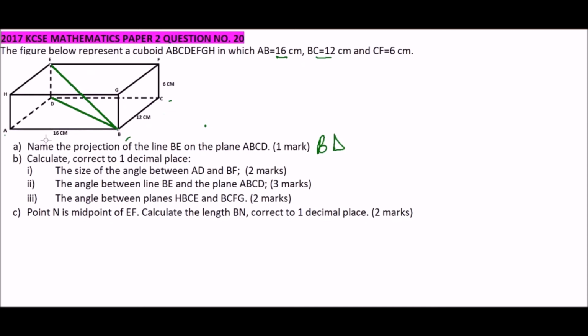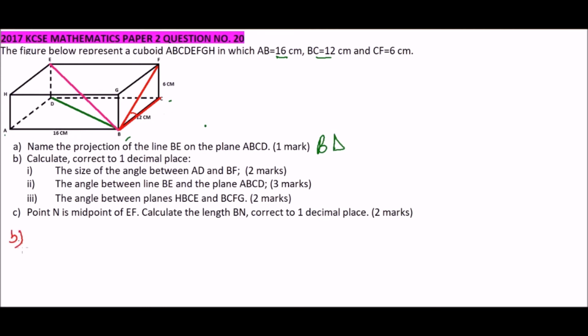Because the two lines do not lie on the same plane, we translate AD so that it fits onto BC, and therefore we look for the angle between BF and BC. That is, we translate AD. So once you translate AD onto BC, the angle between AD and BF, then we can use a tangent.